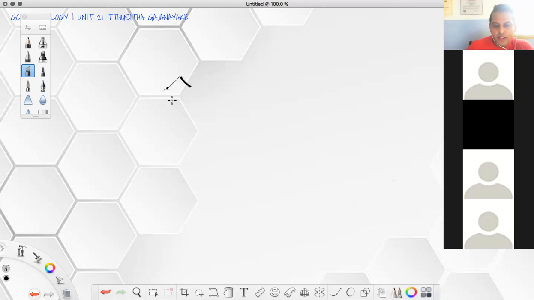Here is one nucleotide, and the front side of this one is 5 carbon, so 5 prime carbon, and this side is 3 prime carbon. So the 5 prime carbon and 3 prime carbon location is this.